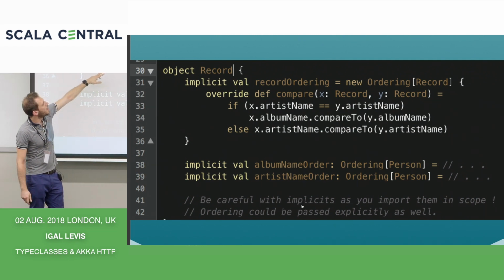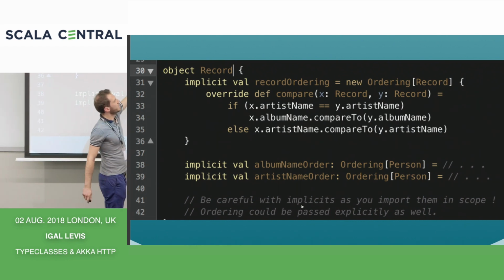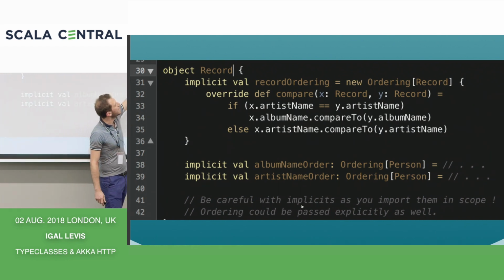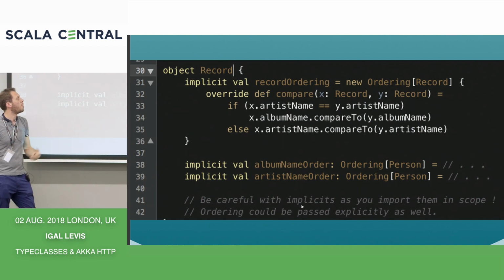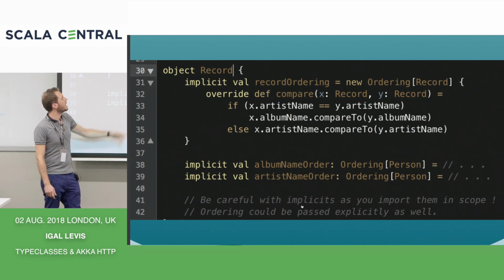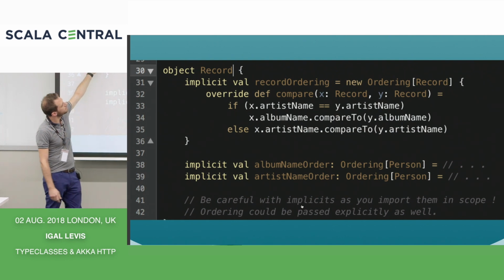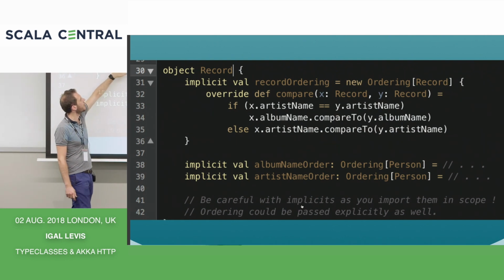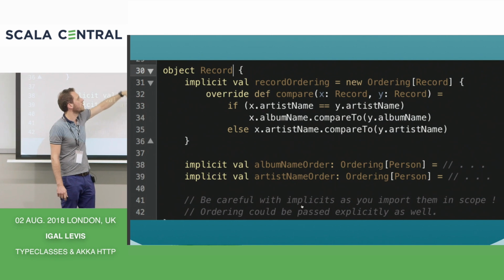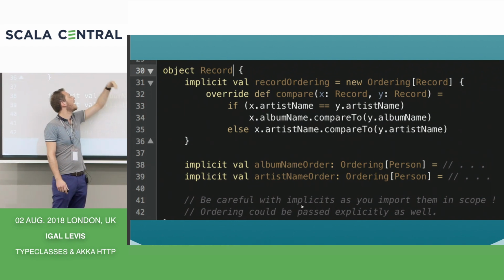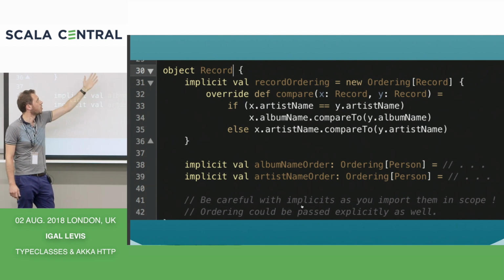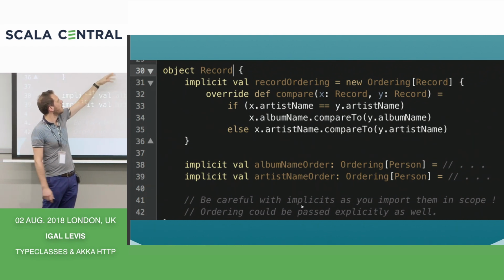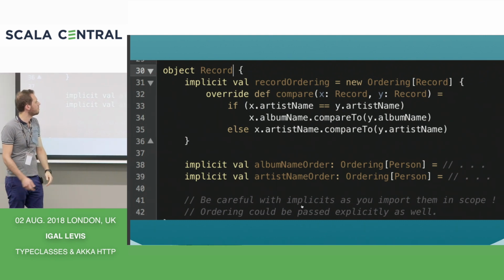What this defines is that my Ordering takes in a type parameter, which is Record, so that I define this behavior upon the Record class. And this Ordering type class requires me to define the compare method. So I get two records, and I say, first compare according to the artist name, and then compare according to the album name.